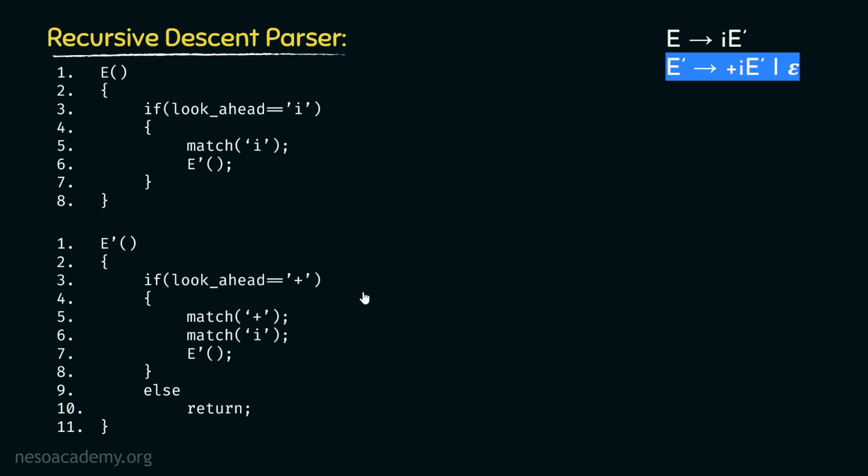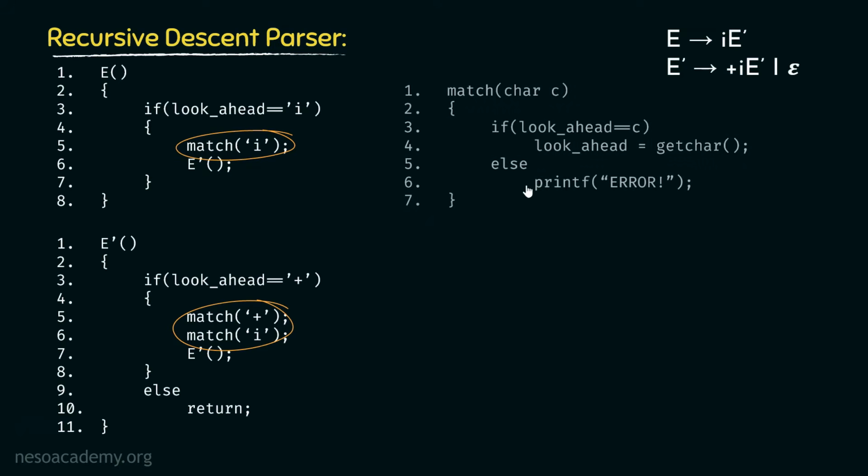Now apart from these two procedures, you can also see we have a procedure called match in both of the procedures. So let's define the match procedure for this. In the definition of match, as you can see, we are having the formal argument char c. Now this formal parameter will actually take values from these actual parameters. And within the definition of this match, we also have two-way branching, that is this if and this else.